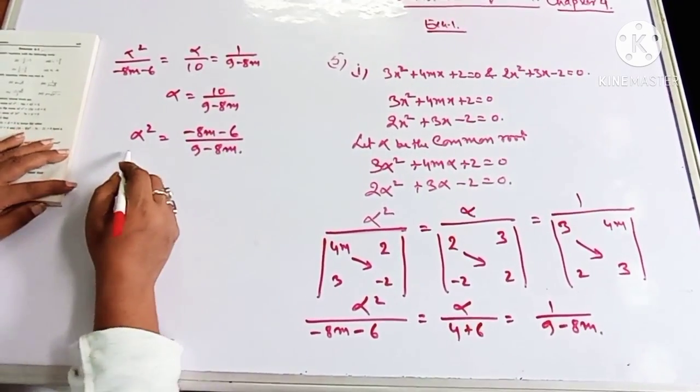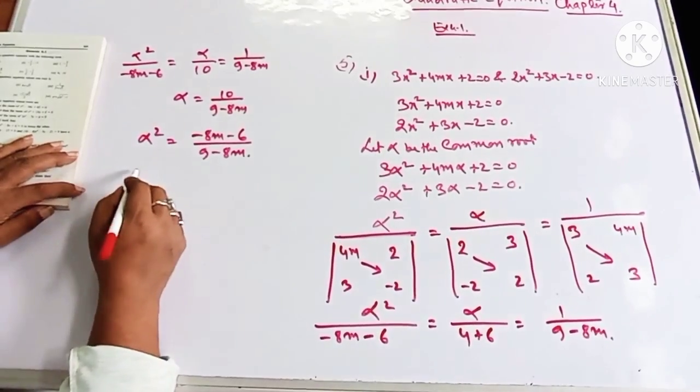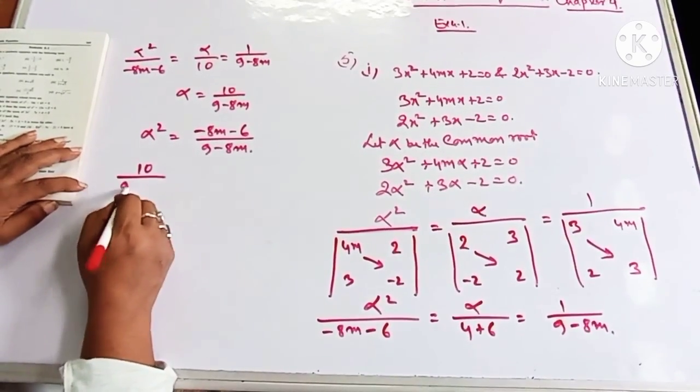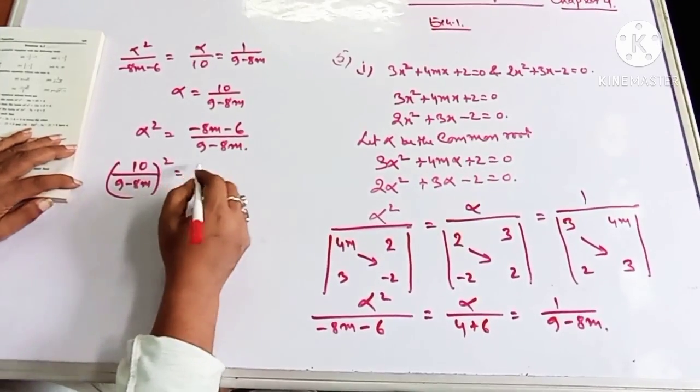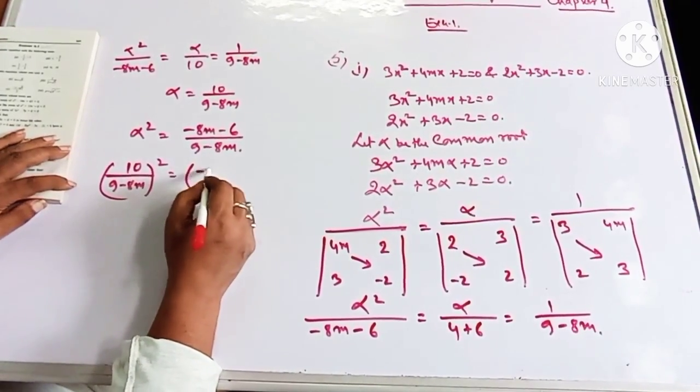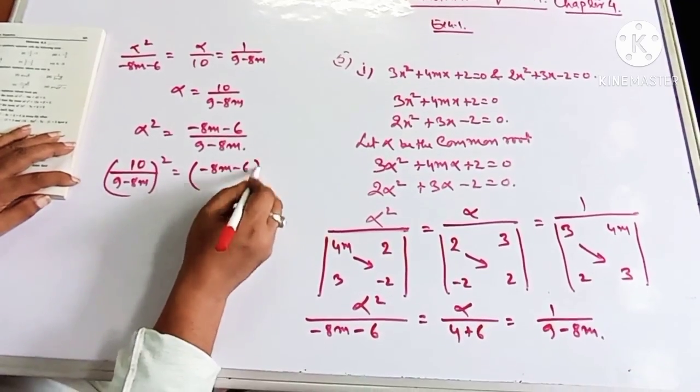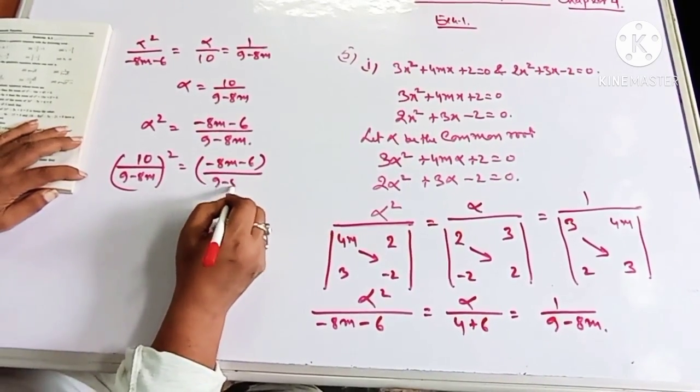Here I am going to place the value of alpha: 10 by 9 minus 8m, whole square, is equal to minus 8m minus 6 by 9 minus 8m.